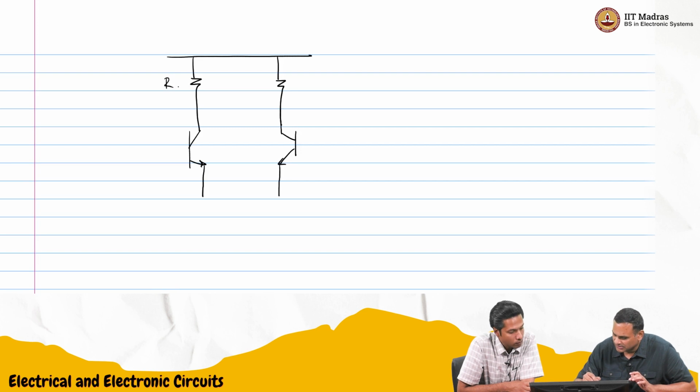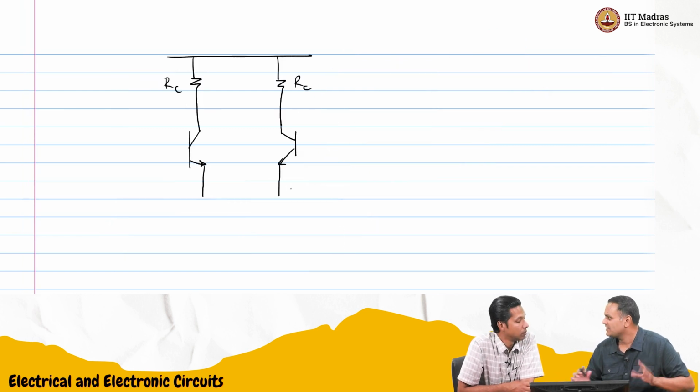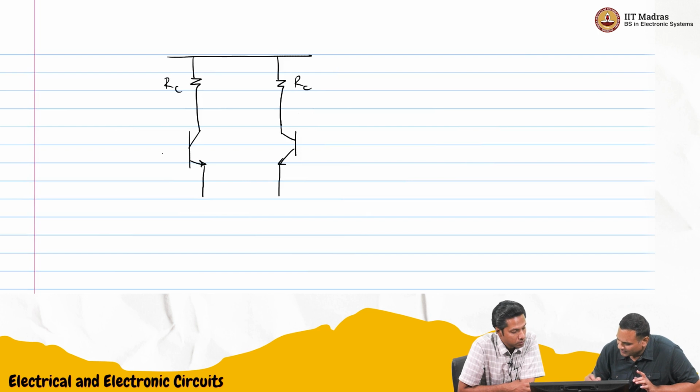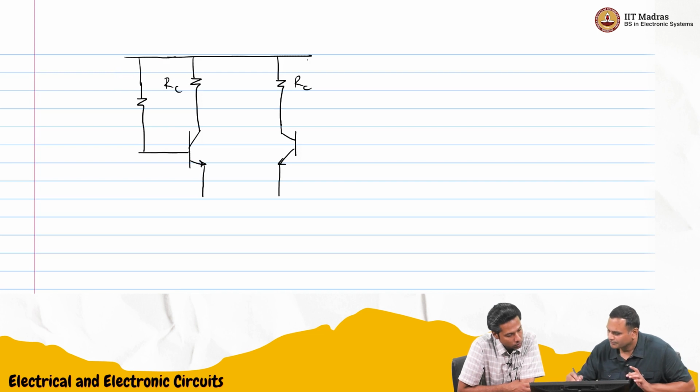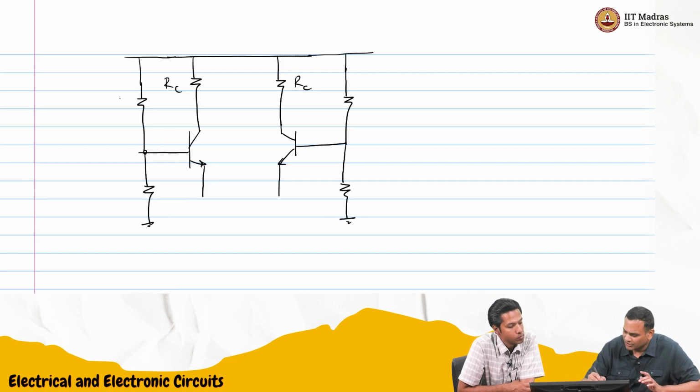Since we want A times V1 minus V2, you want the same A, no? So I am going to assume RC is the same on both sides. That is easy. So then, R1, R2.